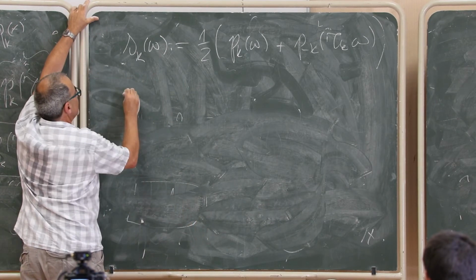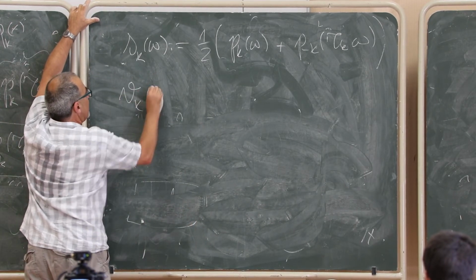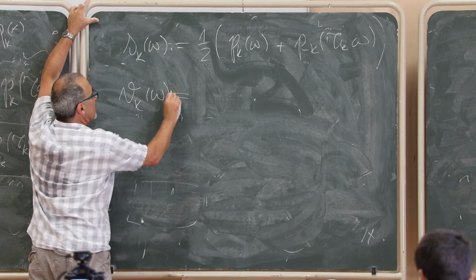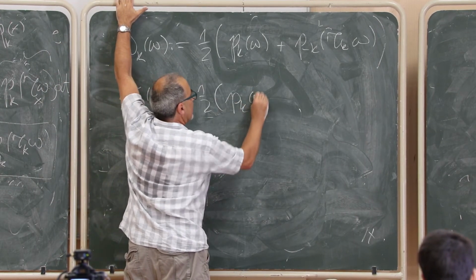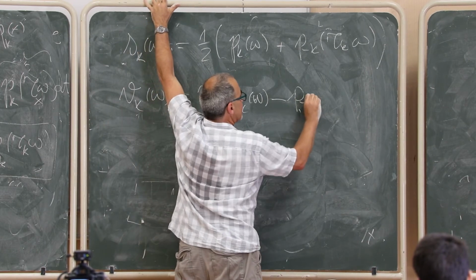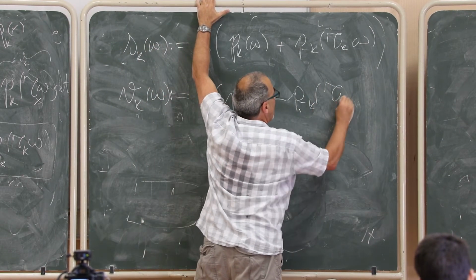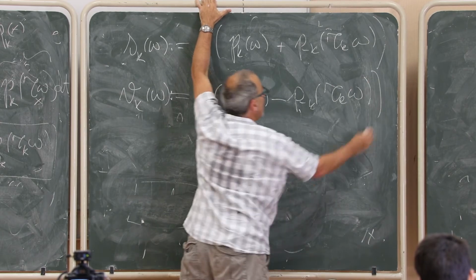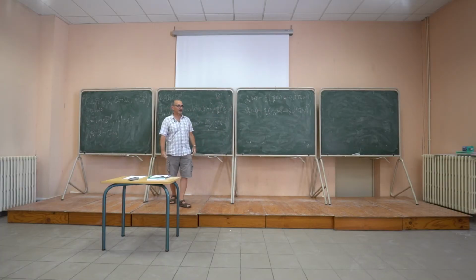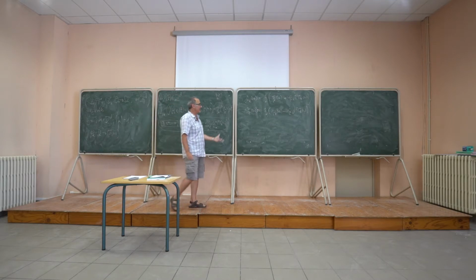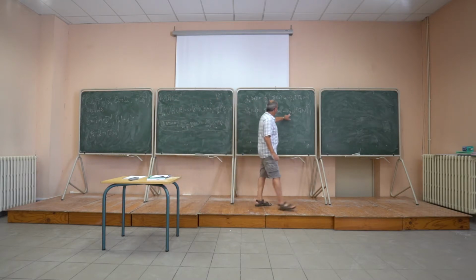And I will write v sub k omega equals 1/2 of p sub k omega minus p sub minus k tau k omega. So I call the first one the symmetric component of the jump rate and the asymmetric, the skew symmetric component of the jump rate.